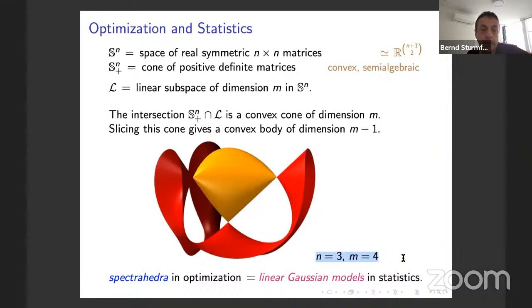So I'm looking here, this red yellow picture illustrates symmetric 3x3 matrices. So there's a 6-dimensional space. Then I have this 6-dimensional cone of positive definite matrices. I slice it with a 4-dimensional linear space.